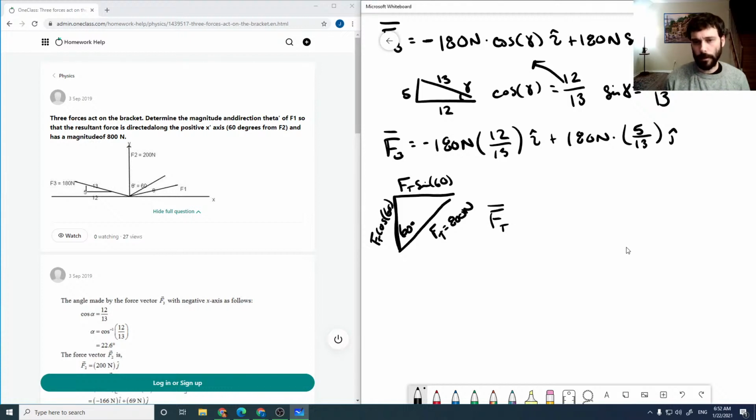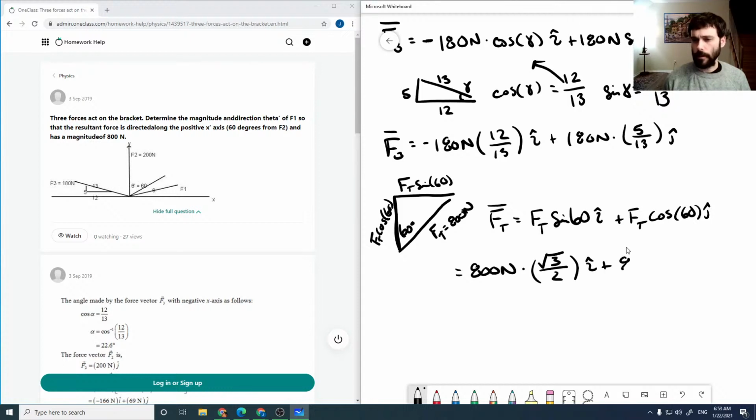So our F total vector is F total sine 60 in the i hat plus F total cos 60 in the j hat, which is 800 newtons times the sine of 60, which is root 3 over 2, and the cosine of 60 is a half.